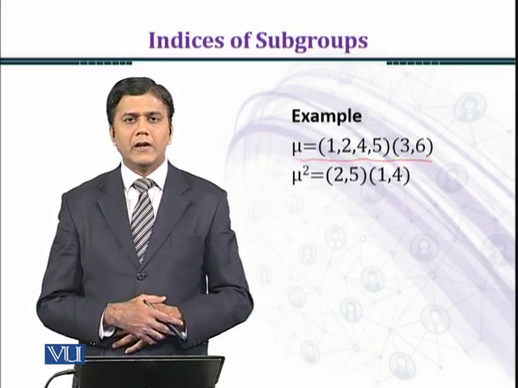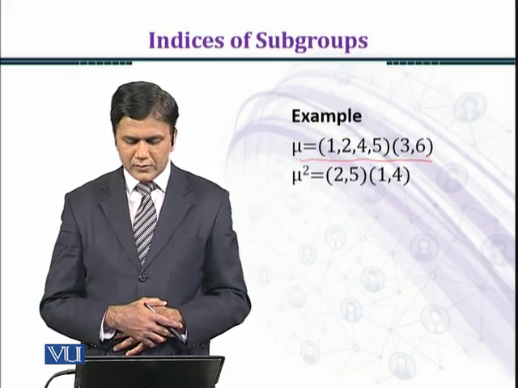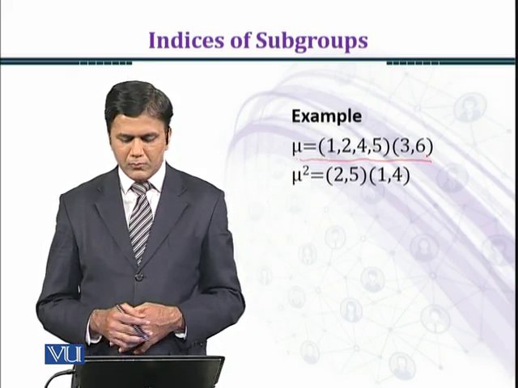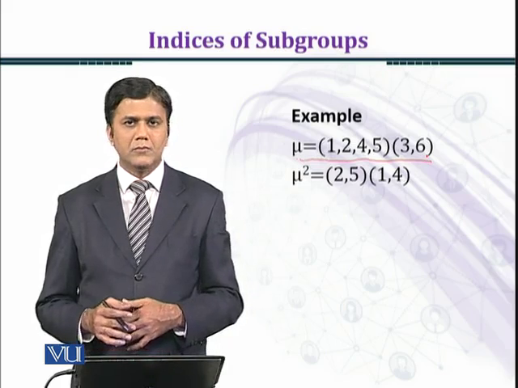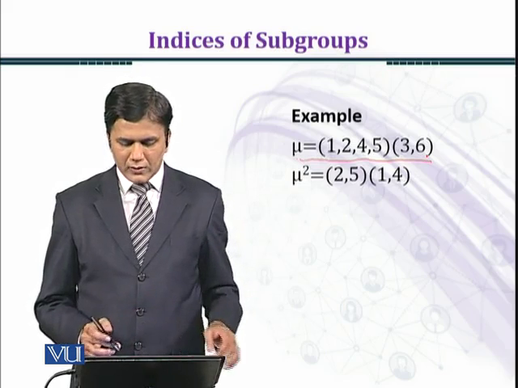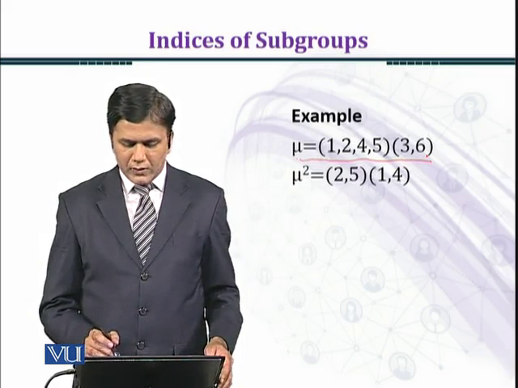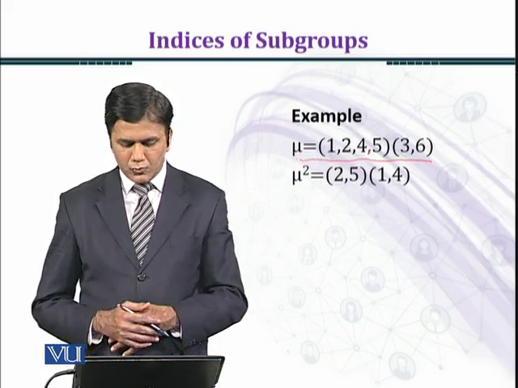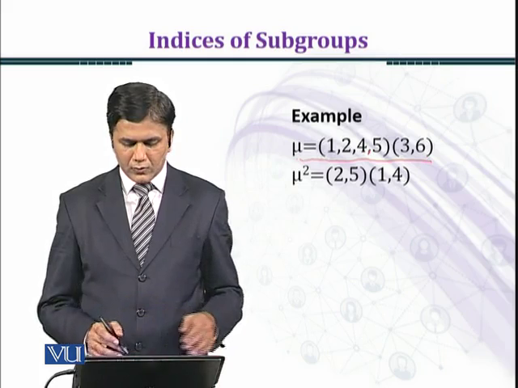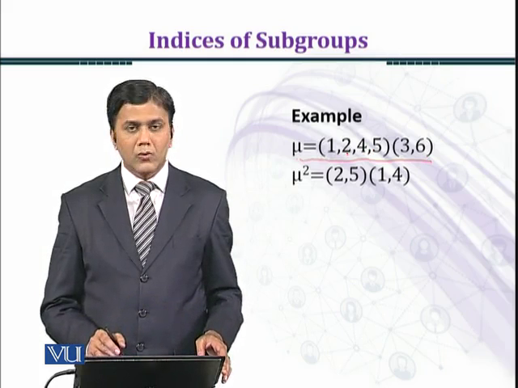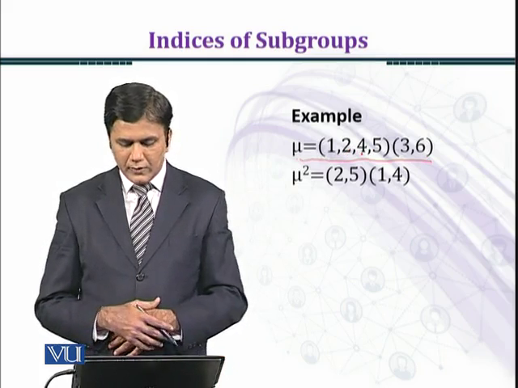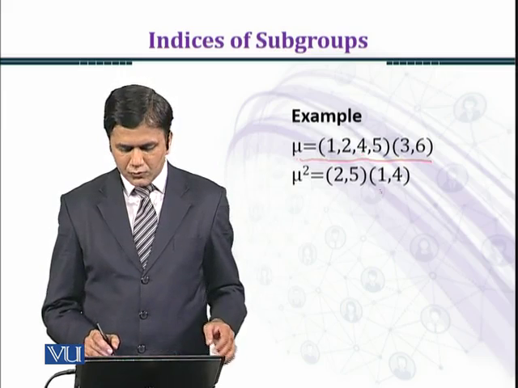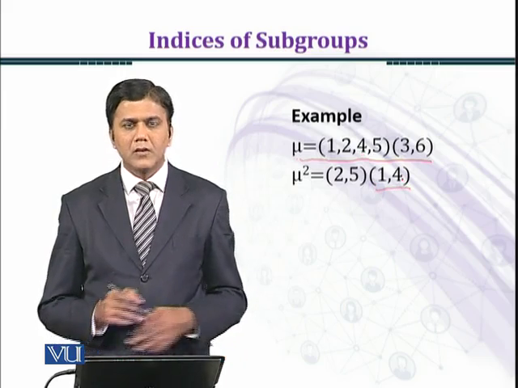Now we find mu square, and as you know, when we compose mu with mu, then we shall get: 1 goes to 2 and 2 goes to 4. It means that 1 goes to 4.